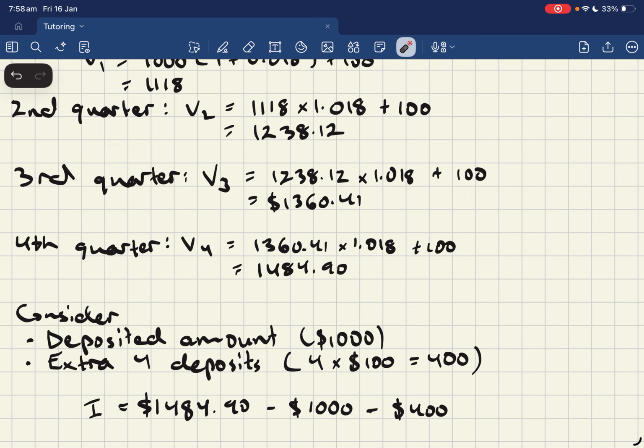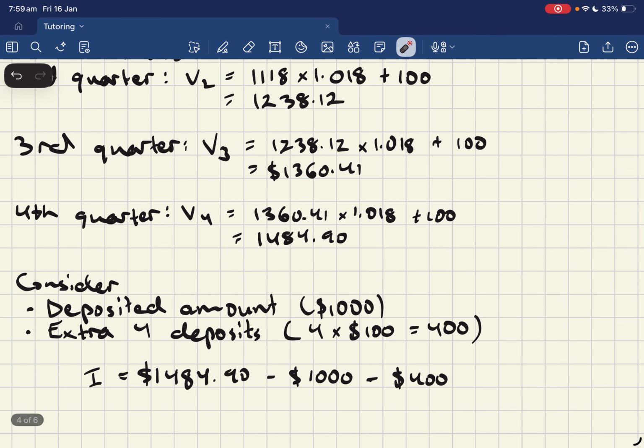What makes an annuity grow more is the fact that because we're making extra deposits on top of this, it's interest that's charged on a higher amount. So it's helping our thing to grow more in terms of interest, but this doesn't actually get included as interest. This is still money that we are putting in. We've put in a total of 1,000 and then an extra 400.